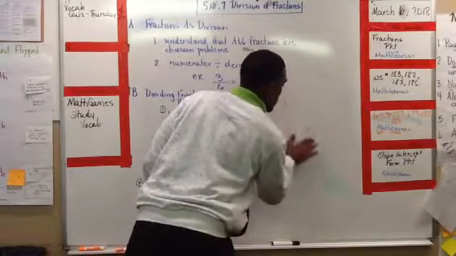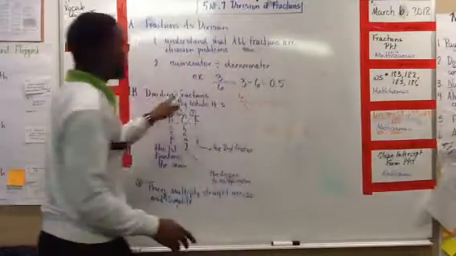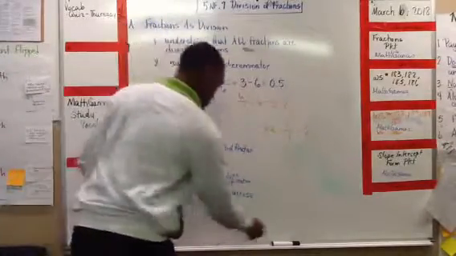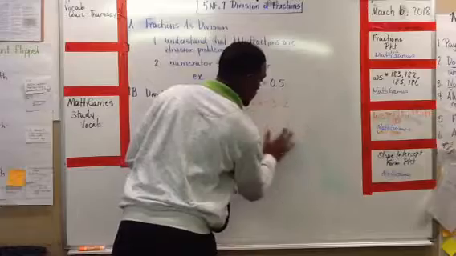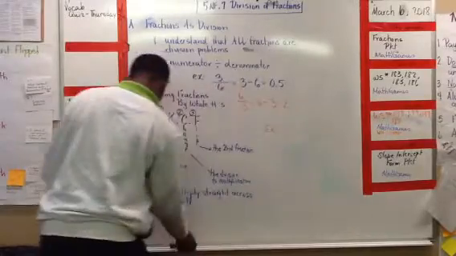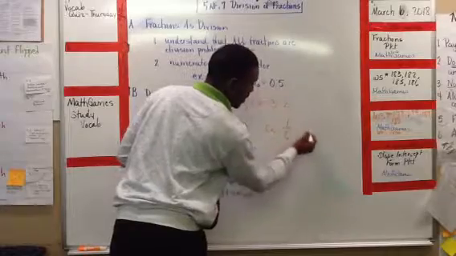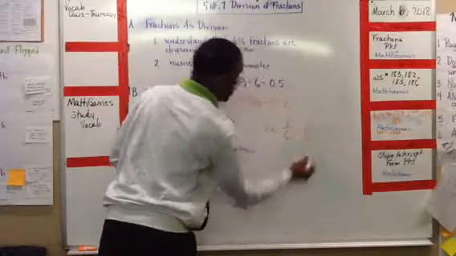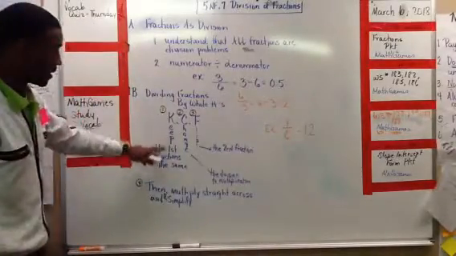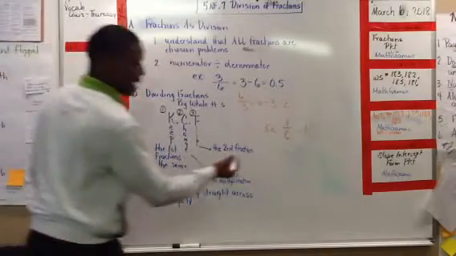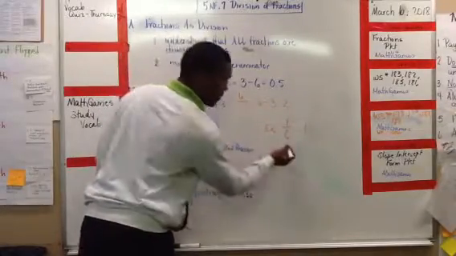Let's do another example. Again, we're dividing fractions by whole numbers. I have 1/6 divided by 12. Okay? Step 1 is to keep the first fraction the same. I do that by just bringing it down.